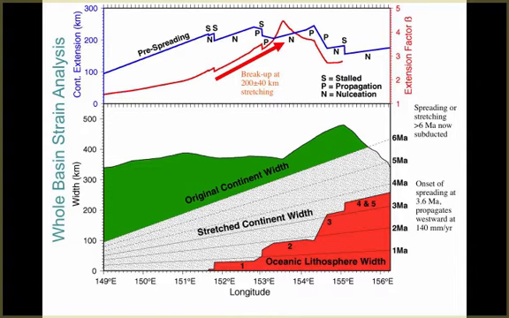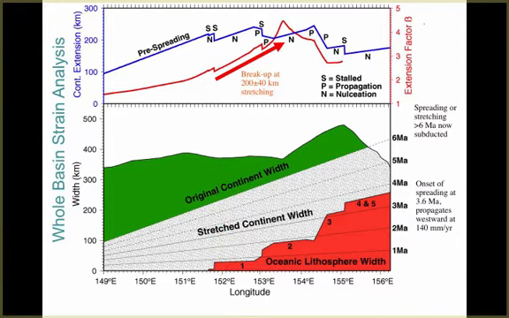So we're seeing, as this rift system grows, the amount of continental crust shrink as the rift is opening and the oceanic spreading center is actually opening and spreading apart. And we're seeing the width of the spreading center grow on the eastern side. Basically this area in the middle is where we actually see oceanic spreading.